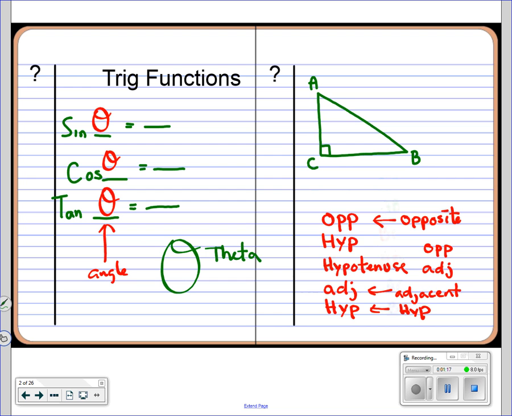Theta is basically the unknown variable in the world of trig. You know how you use x and y in classic algebra equations? Well, in the world of trigonometry, we use the letter theta to take the place of an unknown angle.